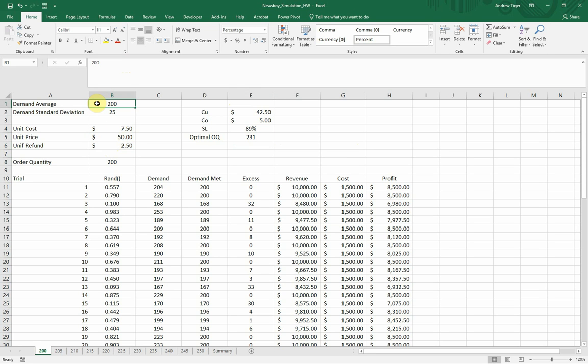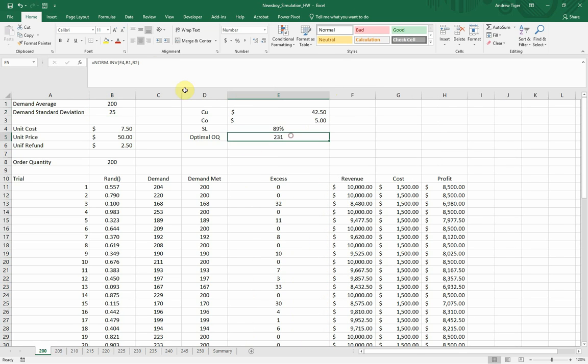And given a normal distribution centered at 200 with a standard deviation of 25, if you use the NORM.INV function, you put in your service level of 89%, then your mean and standard deviation, and it gives you an order quantity of 231 units. So that's the best answer from a closed form equation.